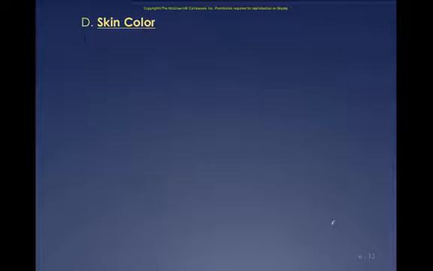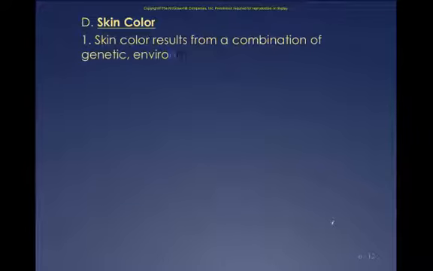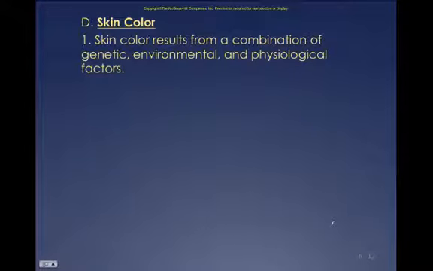Now what's really interesting is, of course, as you know, melanin is what contributes to our skin color. But there are a couple of other factors when we talk about skin color that come into play. So skin color is actually a result of a combination of factors, and it's important that you know these 3 different factors that make up skin color, okay?